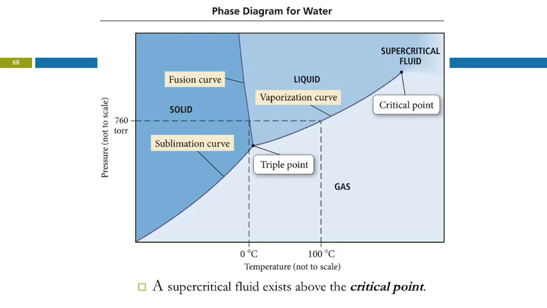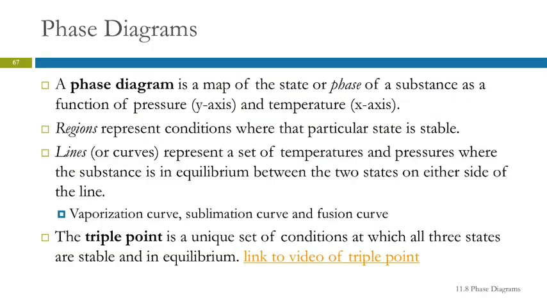When you put your weight on that thin blade of the ice skate, it puts a lot of pressure on the ice and causes the surface layer of the ice to melt, which makes it much slipperier, and so you're able to glide around on the ice. That's an unusual thing. Most substances have a positive slope on their fusion curve, so if you increase the pressure, the melting point goes higher. So let's watch this video about the triple point.